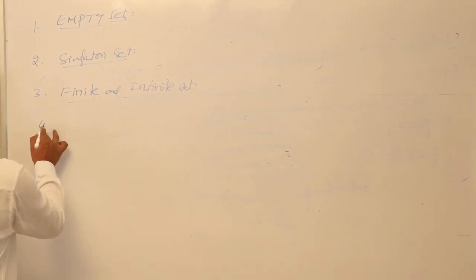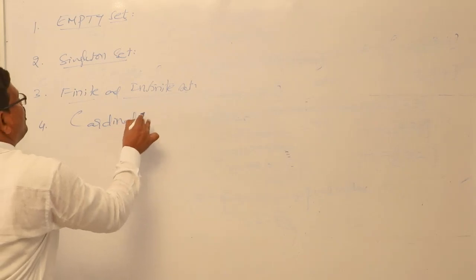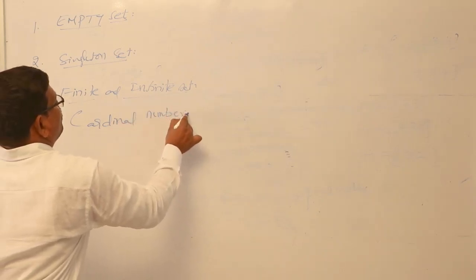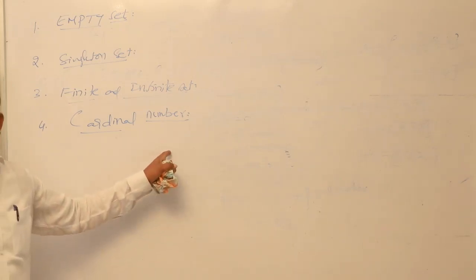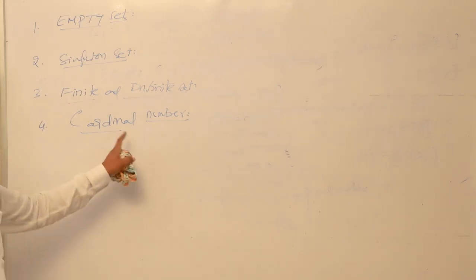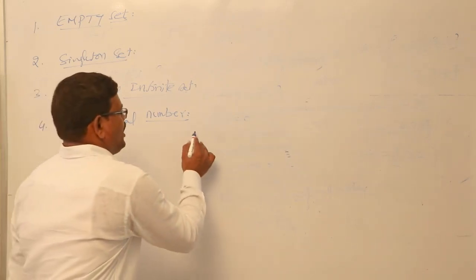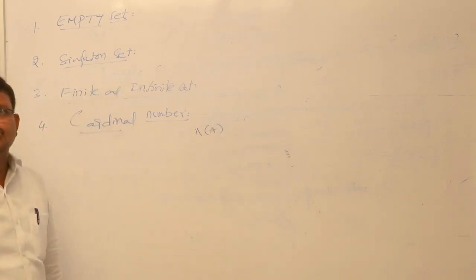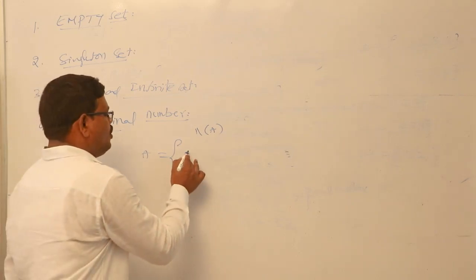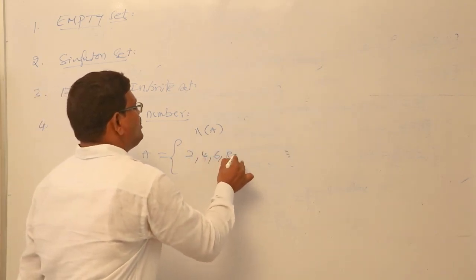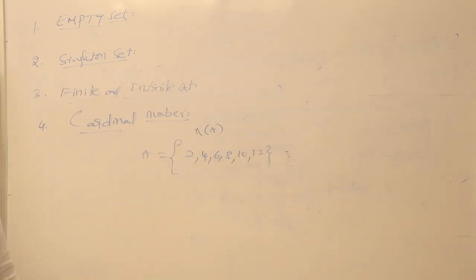The fourth one is cardinal numbers. The number of distinct elements in a set is called the cardinal number, and it is denoted by n(A). Suppose a set A equals the set of 2, 4, 6, 8, 10, 12.